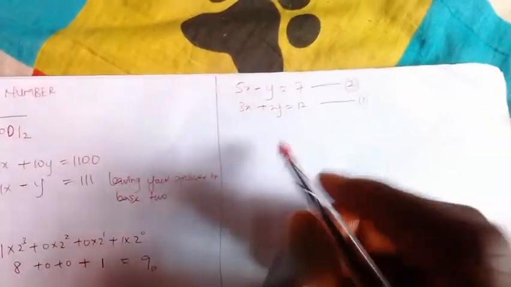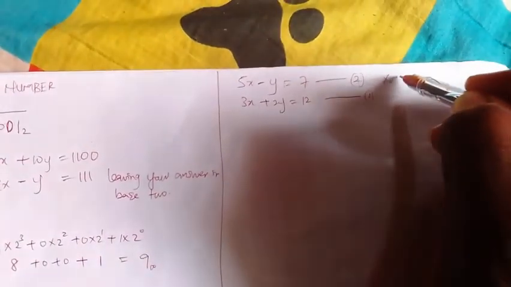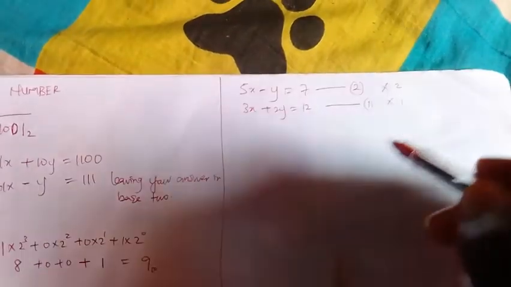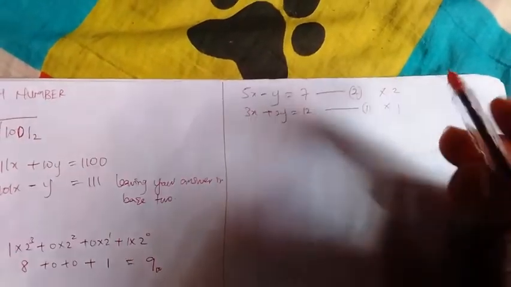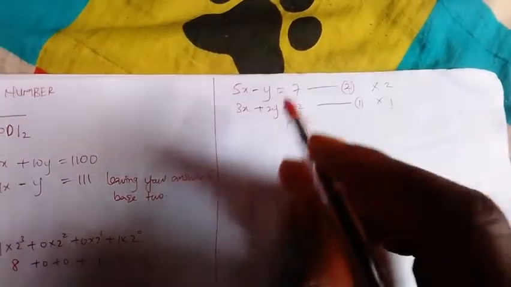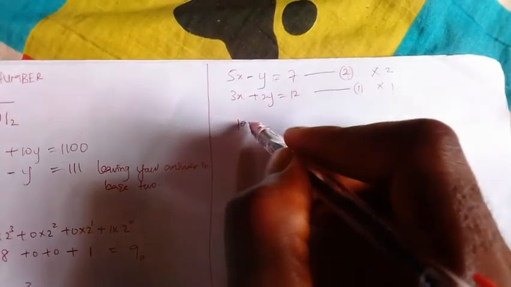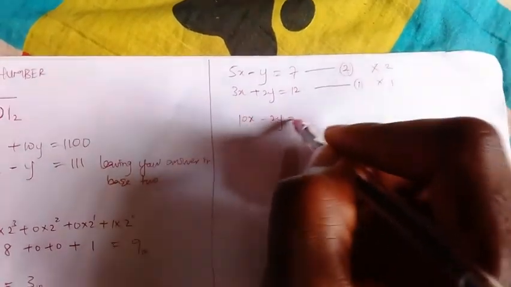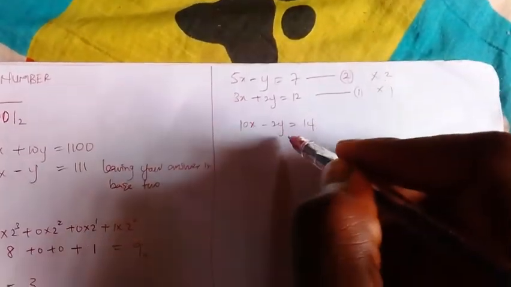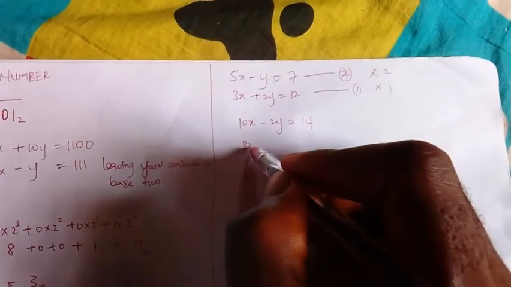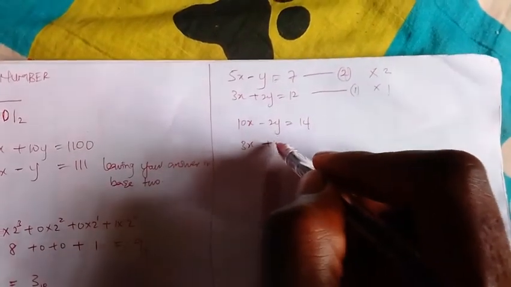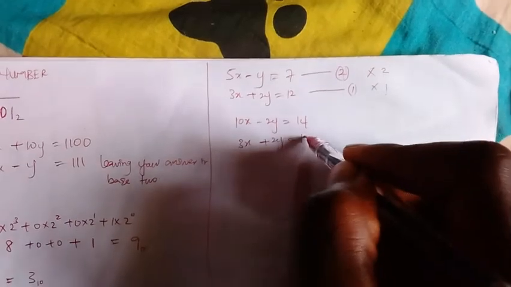Now, I can solve this using the elimination method by multiplying equation 1 by 1 and equation 2 by 2, so as to eliminate y. A new equation becomes 10x minus 2y equals 14. This is equation 2. And for this, we have 3x plus 2y equals 12.